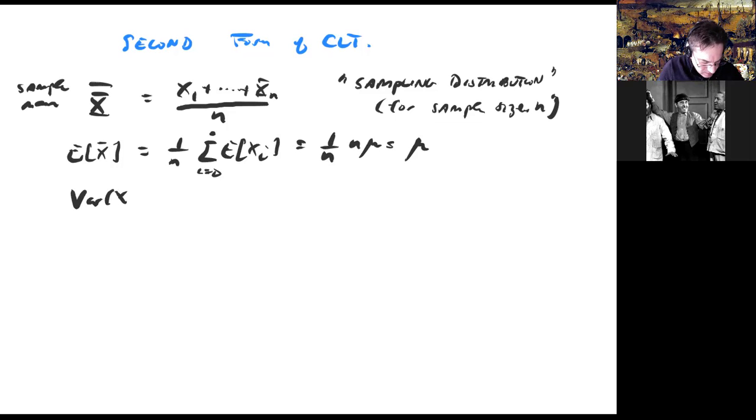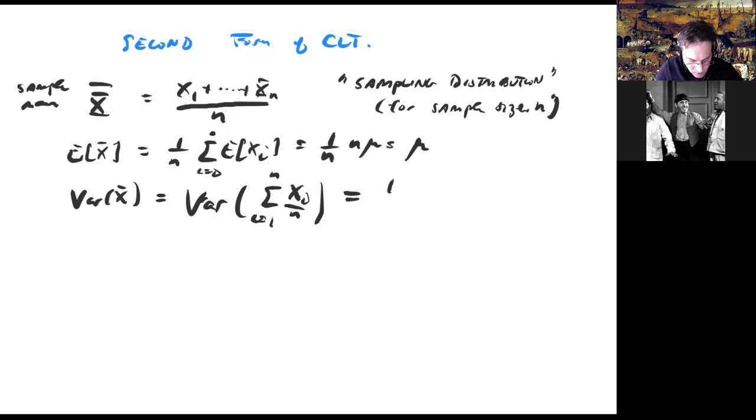And similarly you can compute the variance of x bar, by a similar calculation. This is the variance of the sum, i goes from 1 to n, of xi over n, and then you can use chapter 7 material. This is going to be 1 over n squared of the sum of the variances of the xi's. There are no covariances because these are independent random variables.